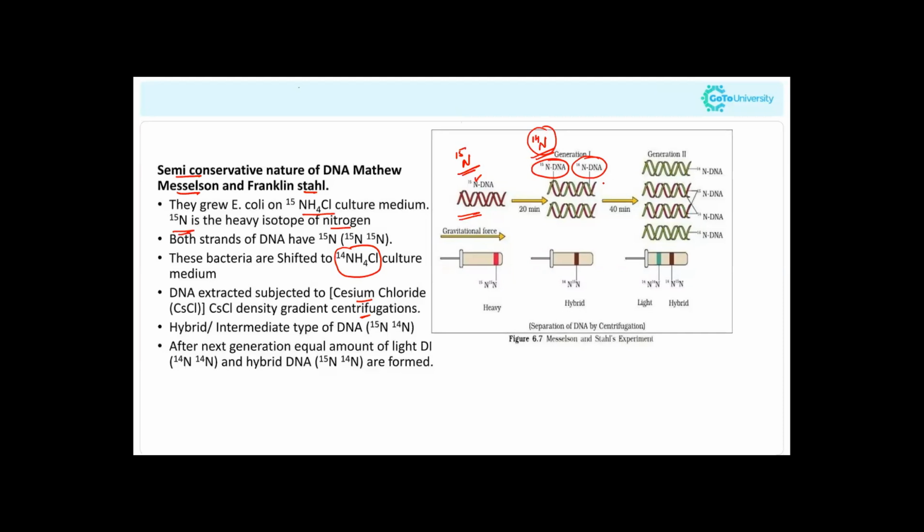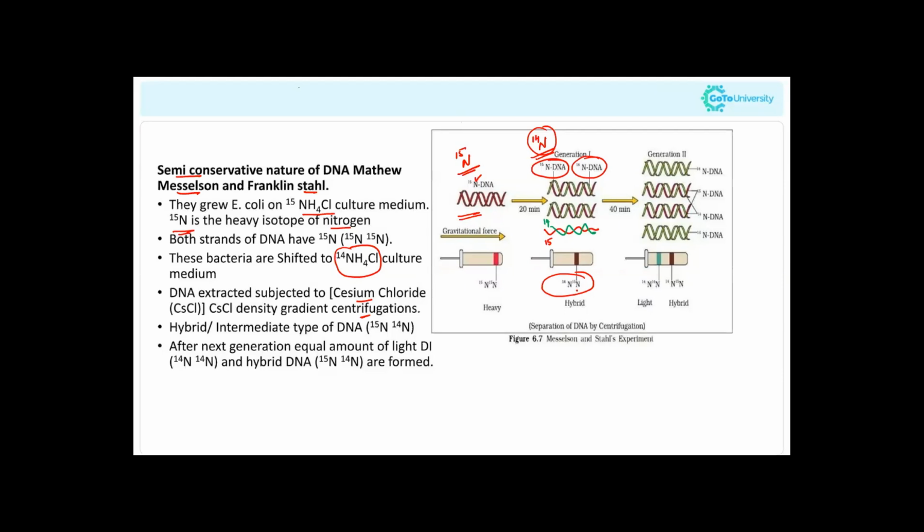Because of semi-conservative replication, the parent DNA remains there, whereas the new DNA strand that is formed will have N14. So this is the N14 one, and the old one will have the N15 isotope. So what did they find? They found that there is a hybrid, intermediate type of DNA. Both N15 and N14 isotopes were present.